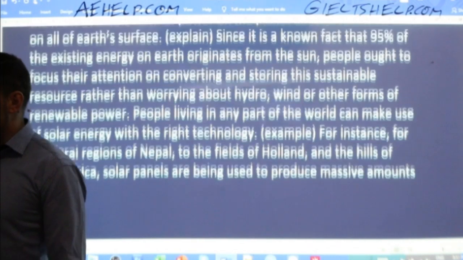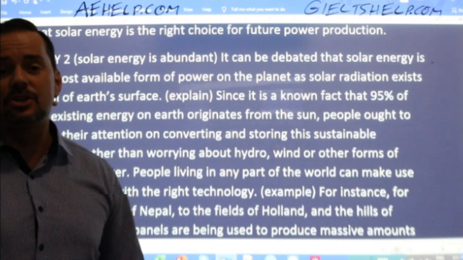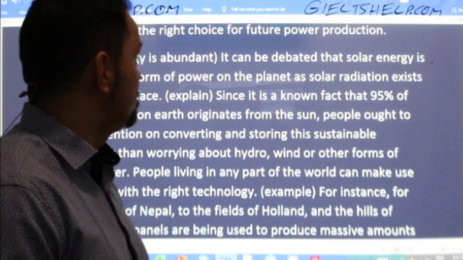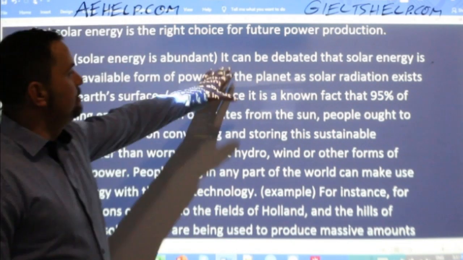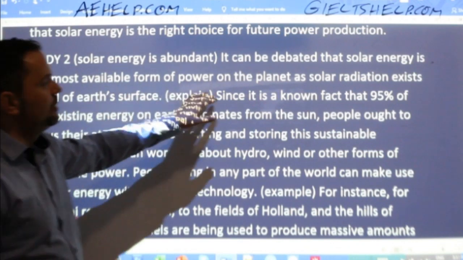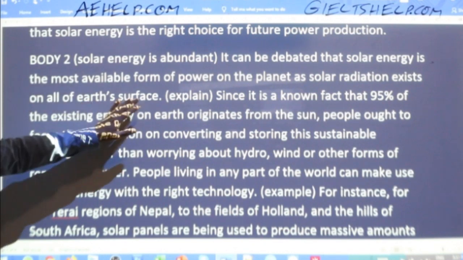So there I have my second body paragraph. Now I'm going to read it, make sure it makes sense, make sure it's up to snuff. It's a band 9. Let's check it out. So it can be debated that solar energy is the most available form of power on the planet, as solar radiation exists on all of Earth's surface.